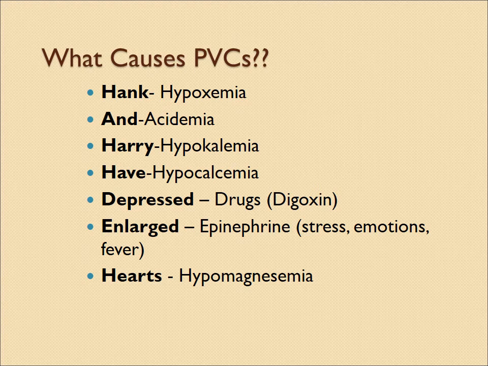E is for anything like epinephrine that would increase the epinephrine in our lives, such as stress, emotions, fever. And then H is hypomagnesemia. So you can see that we're really looking at a lot of our electrolytes, oxygen levels, acidosis, drugs, and anything that could stress our hearts. Also, other causes could be caffeine and tobacco, and alcohol can also stimulate.